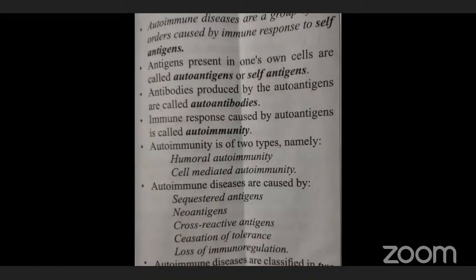When antigens remain in a sequestered place in our body, they are not exposed to the immune system during fetal life, so the system does not develop tolerance to them. In later life, when these antigens leak into the bloodstream, the immune system recognizes them as non-self, which elicits an autoimmune response.